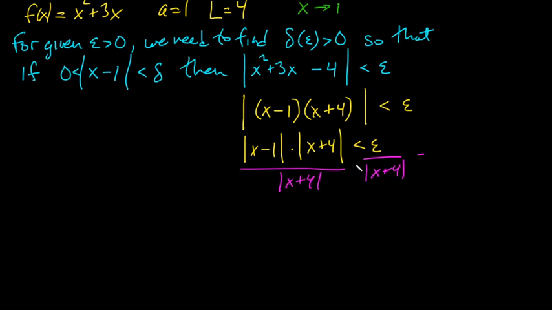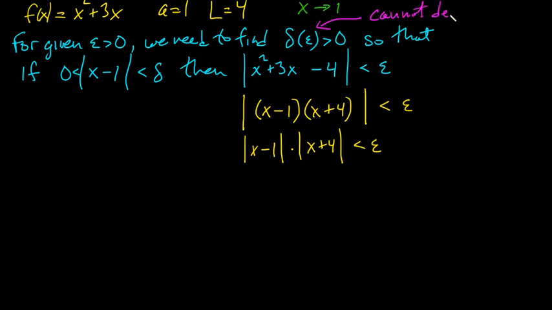Unfortunately, that doesn't work, because remember, delta can certainly depend on epsilon, but it cannot depend on x. It cannot be a function of x. So we can't just divide by the absolute value of x plus 4.